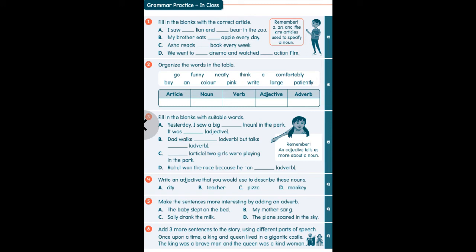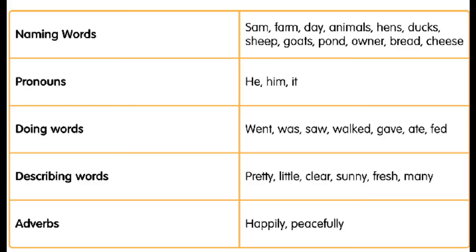The naming words like Sam and pronoun like he tell us who or what is doing the action. They also tell us to whom or what the action is happening, for example, him, animal, hen, and so on.